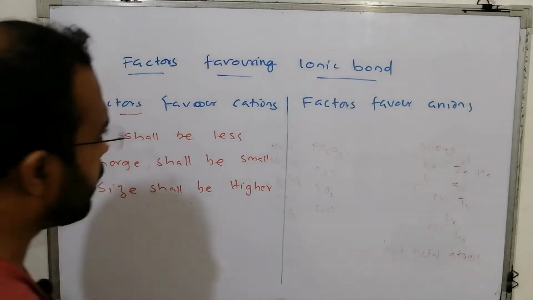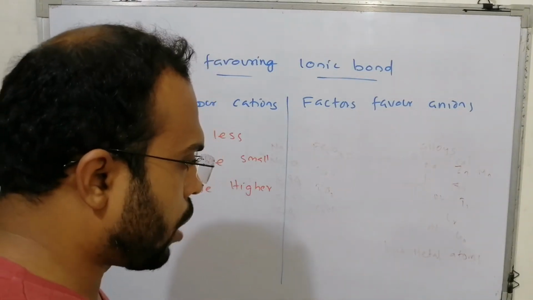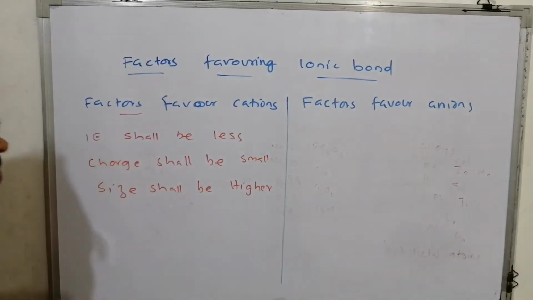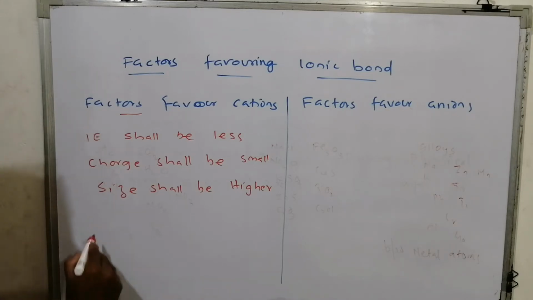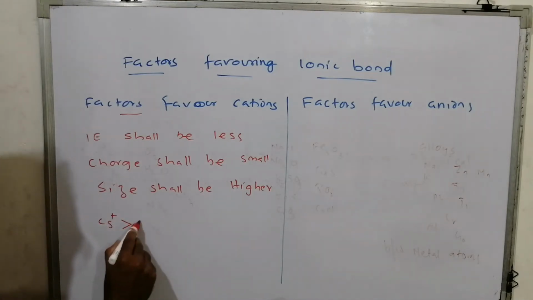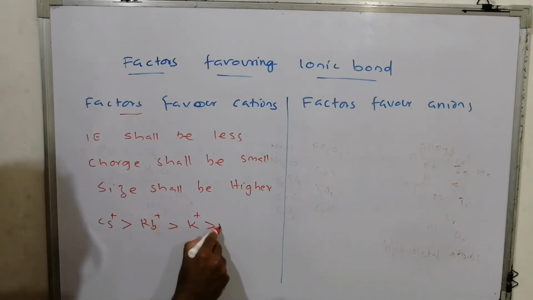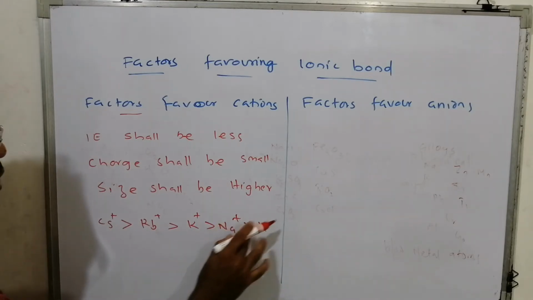It should have lower ionization energy, a larger size, lower charge. Higher size, lower charge, lower ionization. For example, cesium plus has better ionic character than rubidium plus, than potassium plus, than Na plus, than Li plus.